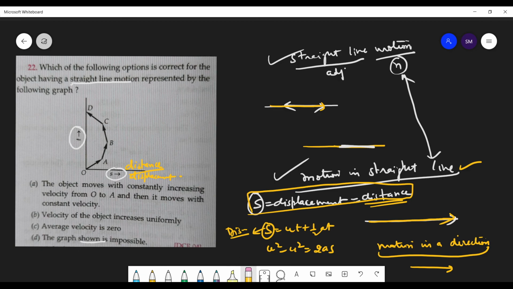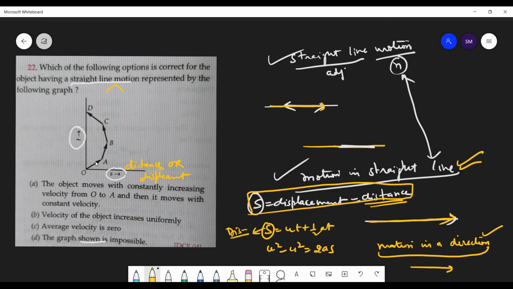Even if we are taking distance, because it's not mentioned, motion in a straight line means both the possibilities are there. Motion in a straight line, motion in one direction also. Both the possibilities are there. Even this can be distance or this can be displacement. It can be any one of them.